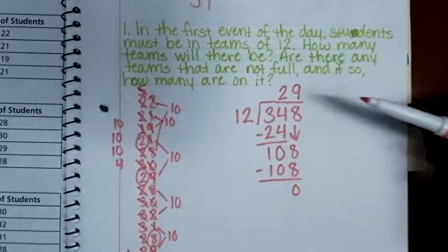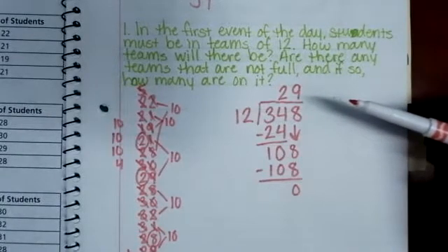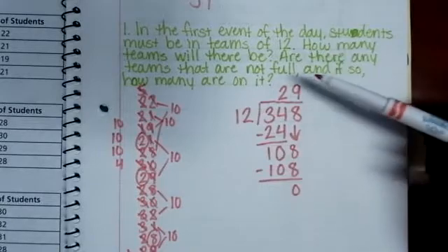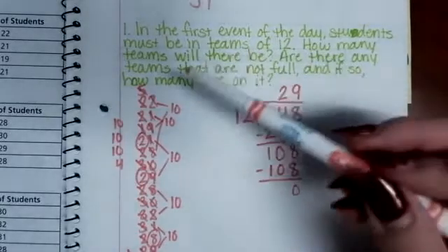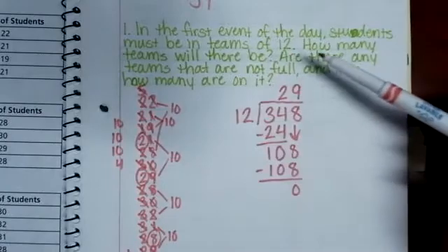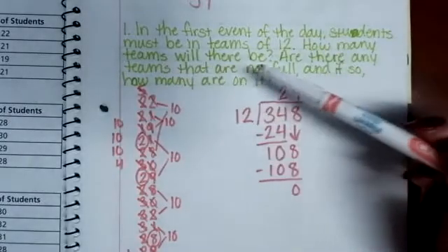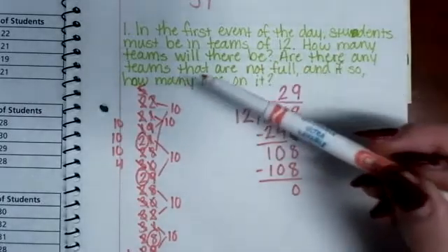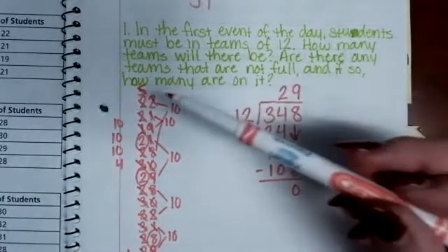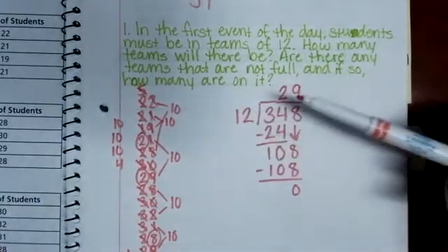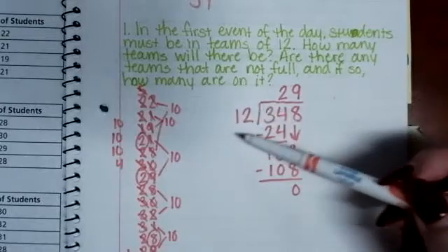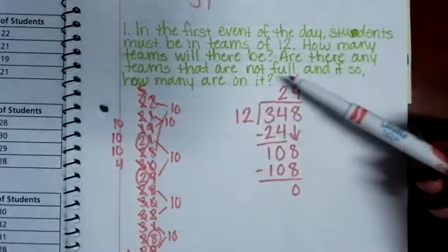Now, what does that 29 mean? That's the tricky part. Let's look back at my question. They were asking me to divide into teams of 12, and then they said, how many teams will there be? Are there any teams that are not full? And if so, how many are on it? Well, I divided them into groups of 12 and I got 29.